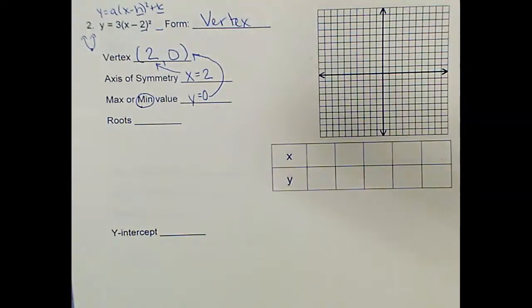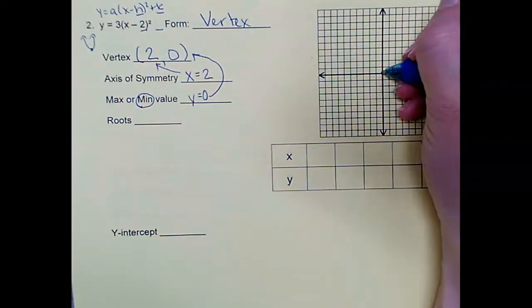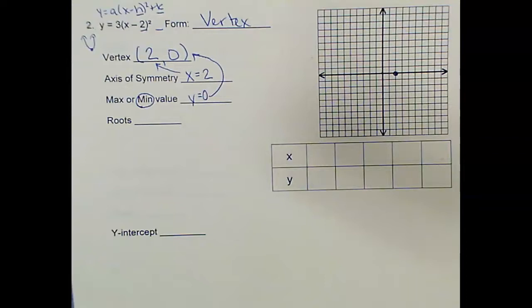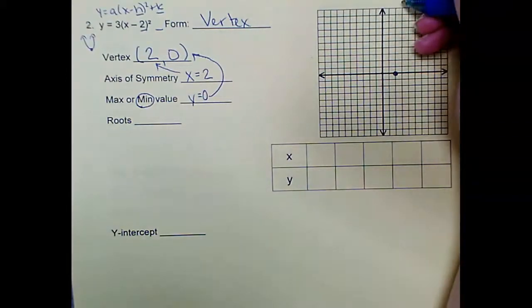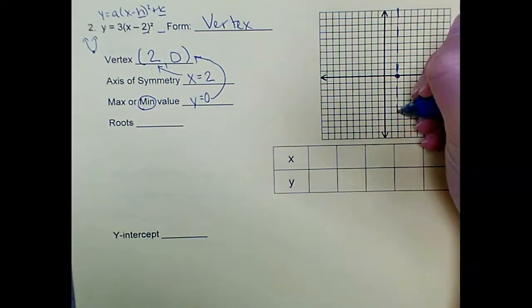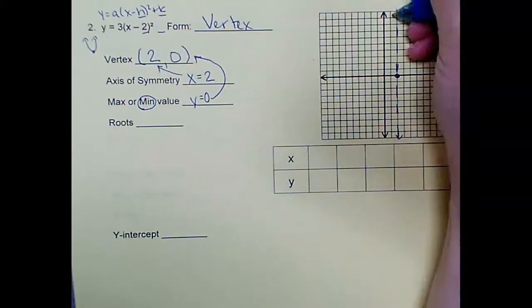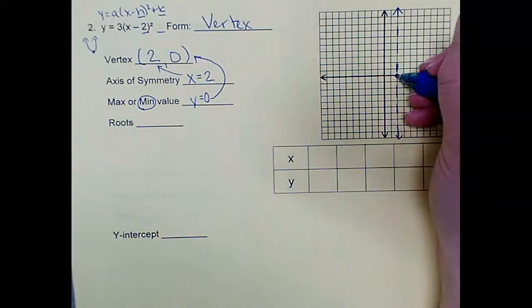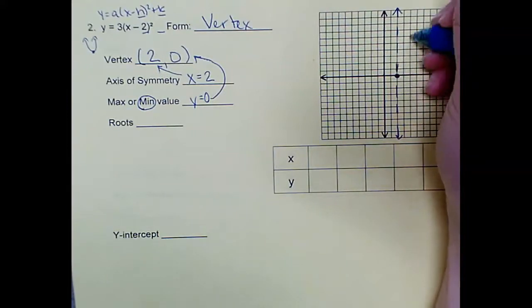So let's go ahead and graph the vertex. The vertex is at 2, 0. The axis of symmetry goes through x equals 2. My minimum value is y equals 0. That means the rest of my graph is up here.